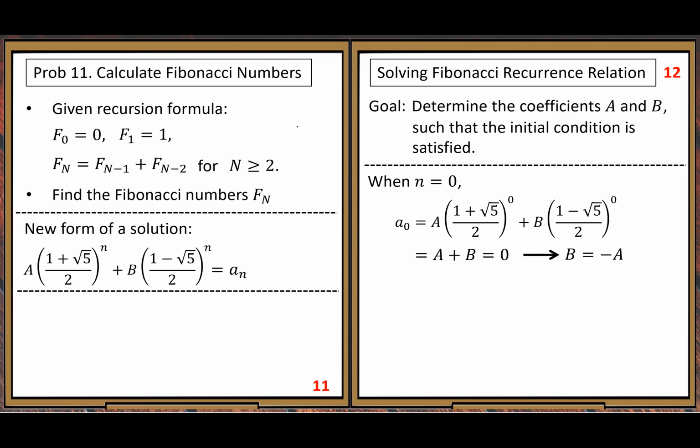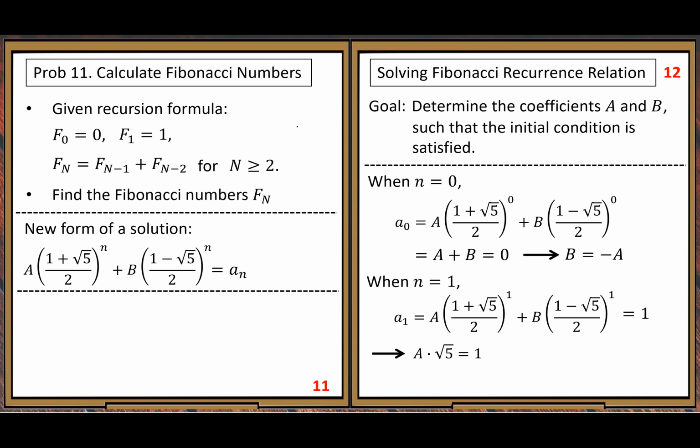Let us look at n equals 1, the initial value F1. Plug in n equals 1 into the same expression: a1 equals F1, which is 1. Replace B by negative A, take A out, simplify the sum of the two parentheses, which gives root 5.